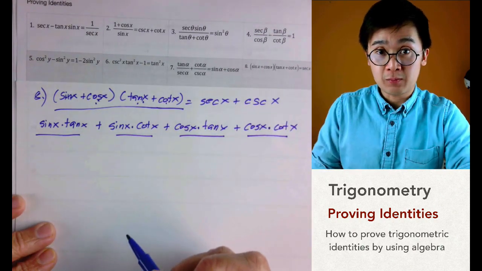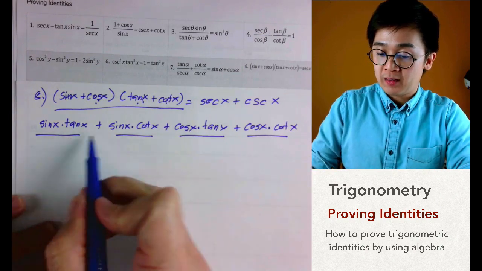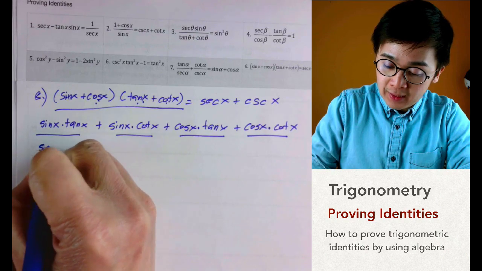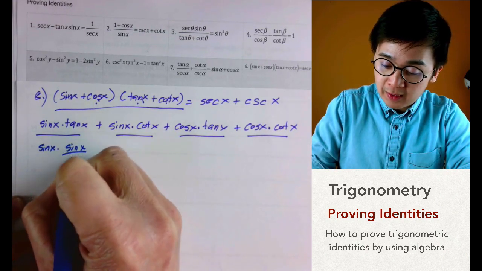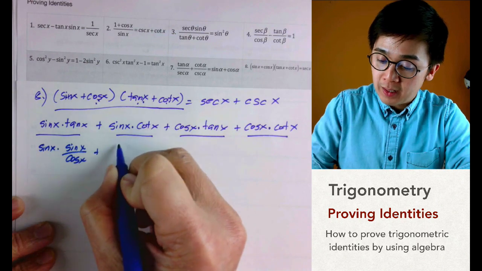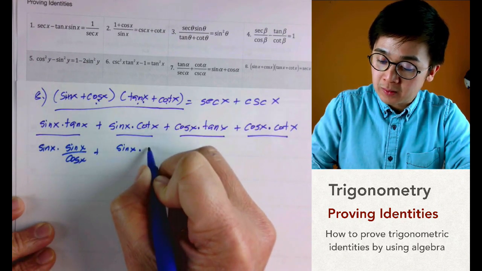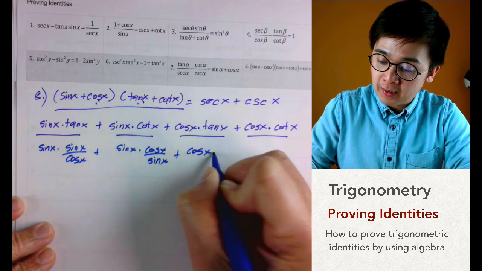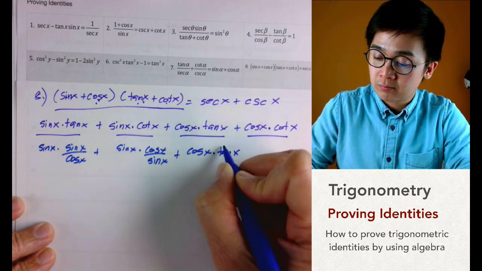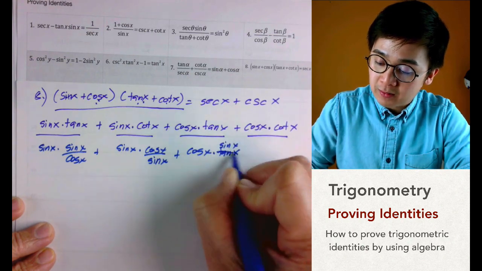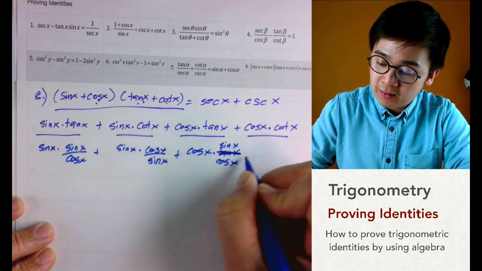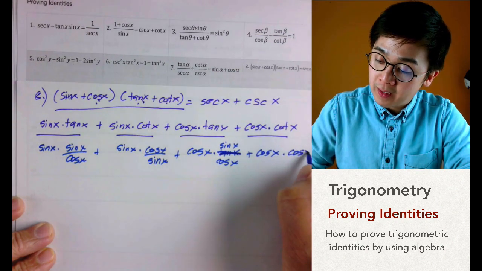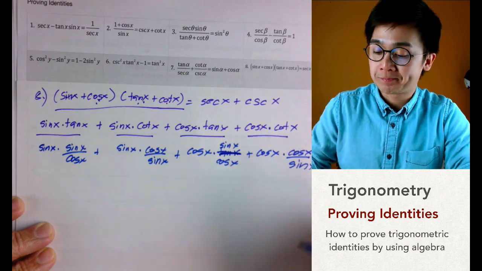And let's simplify this by changing the inverses into their sine and cosine version. So I have sine x times sine x all over cosine x. And this one is sine x times cosine x all over sine x. And this is cosine x times tan x, sine x all over cosine x, plus cosine x times cosine x all over sine x.